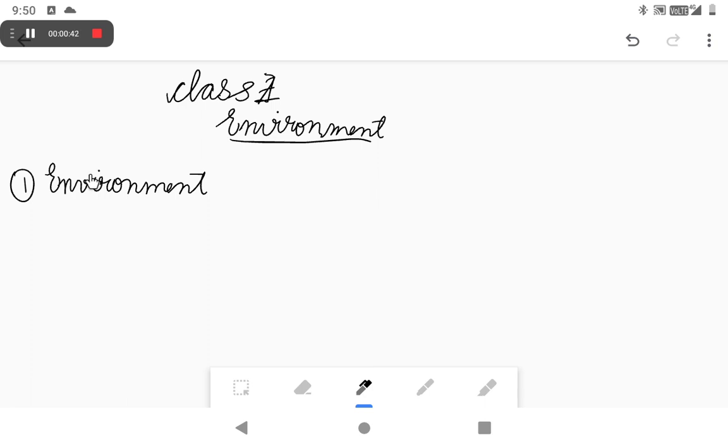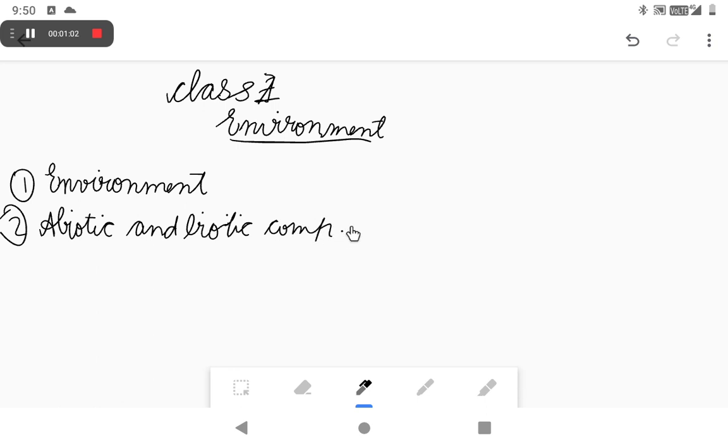First is environment. Second is biotic and abiotic components. The third is the natural environment.